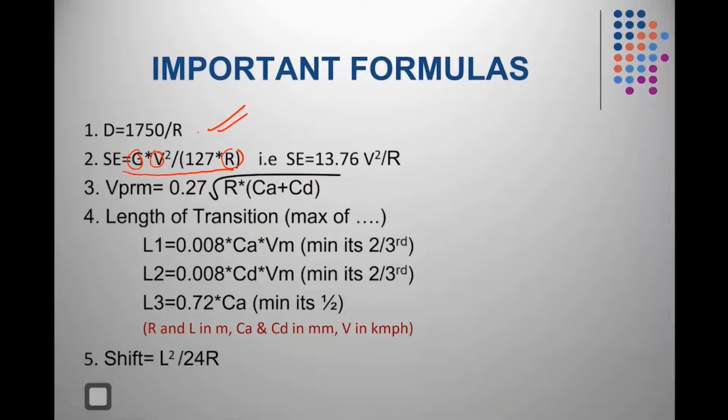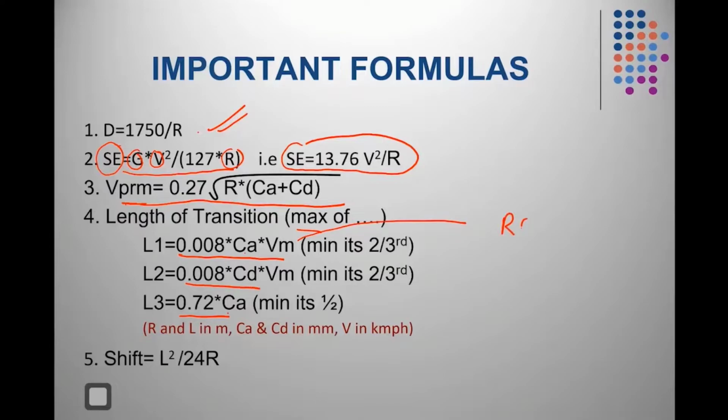I can find the super elevation of the curve, and this formula can be simplified to 13.76 V square by R. V permissible, all of this coming from the same formula, is equal to 0.27 square root of R into (CA plus CD). And length of transition is the maximum of this value and this value, where this is based on RCA, the rate of change of cant.